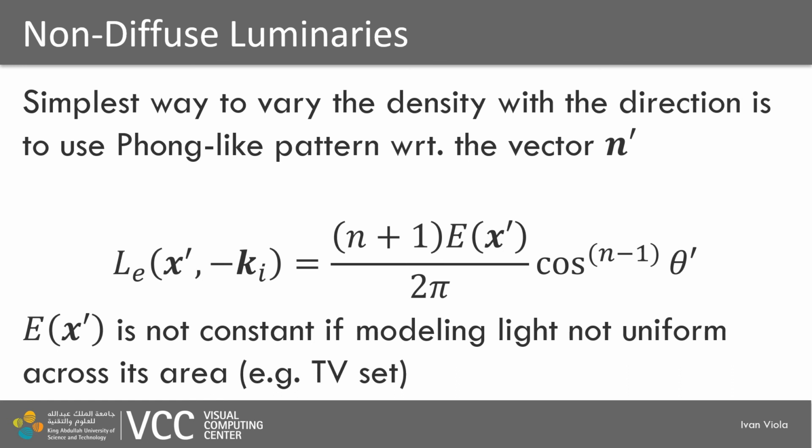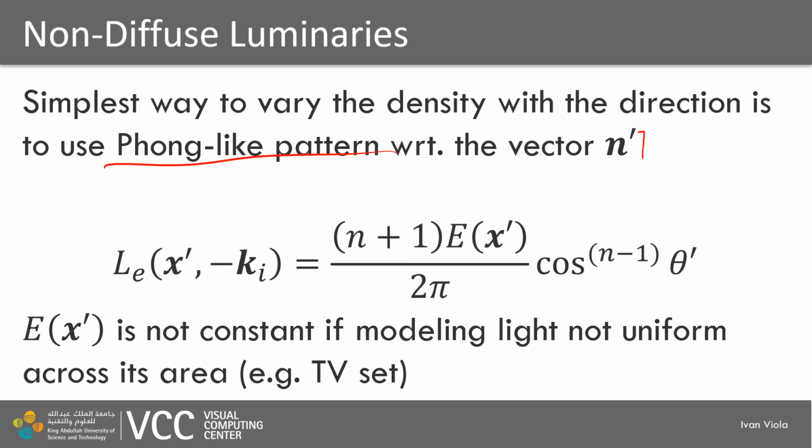We can, for example, have some kind of Phong-like pattern, meaning that the more the light direction is aligned with the normal of the geometry of the light, the higher the probability.